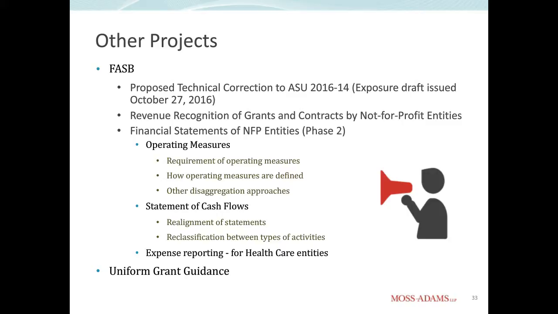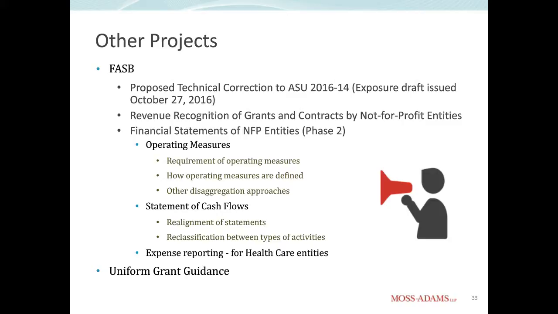This is the table that shows the beginning balance in the endowment, any activity for the year, and then brings it to the ending balance. In the updated standard, there was a change made to some of the language, and this technical correction basically removes the change and reinstates the historical language. The reason for the change was really because they found that the revised wording was not very clear.